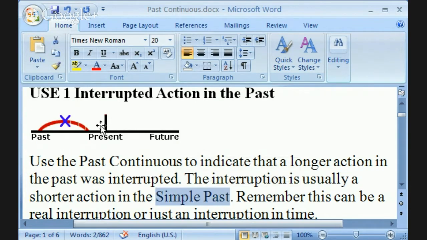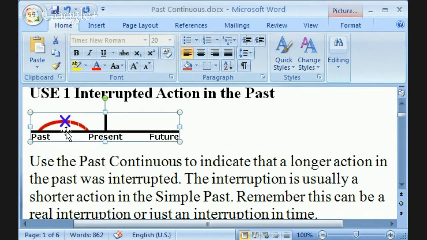So the red line here in the diagram symbolizes the past continuous verb, the verb with a continuous action, an action with duration.